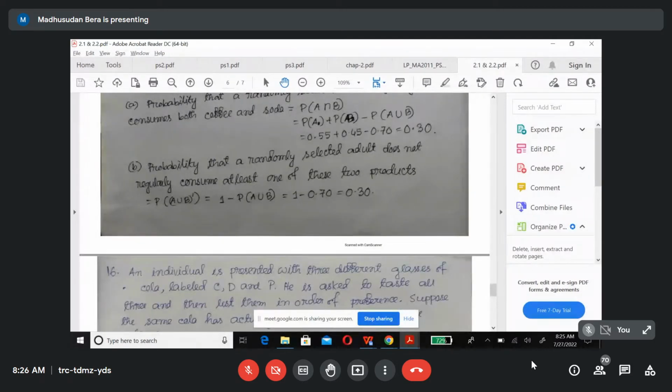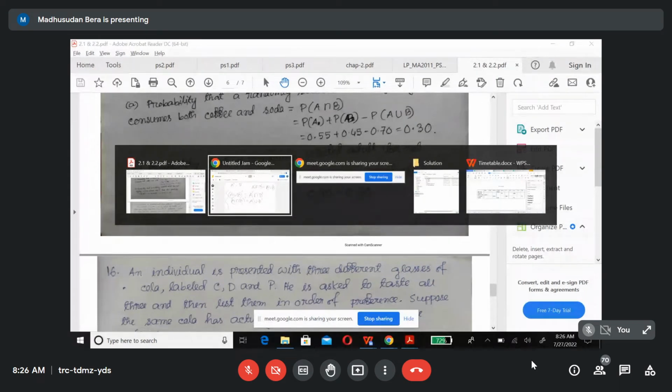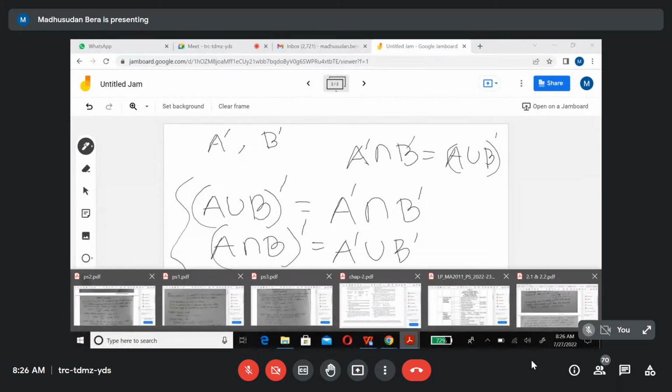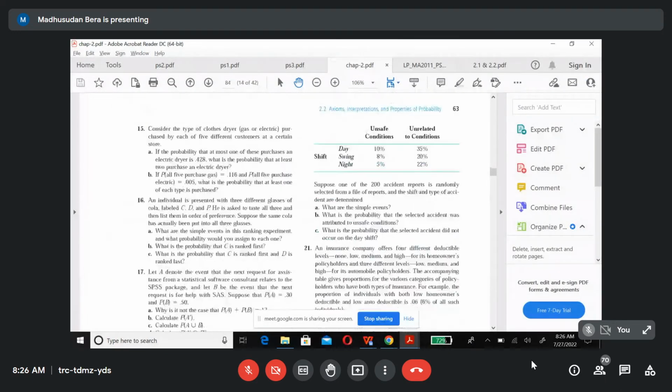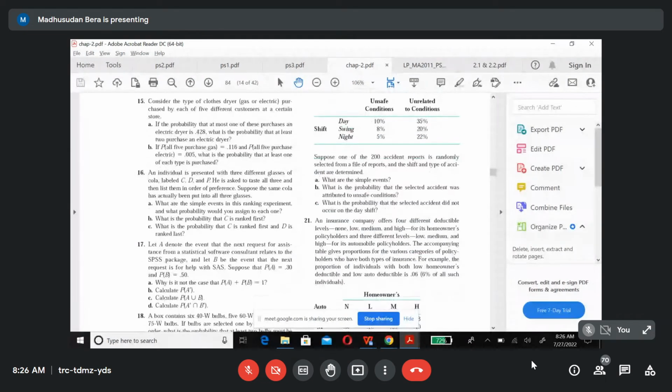Suppose 16. What is 16? An individual is presented with three different glasses of cola labeled C, D, and P. He is asked to taste all three and then list them in order of preference.